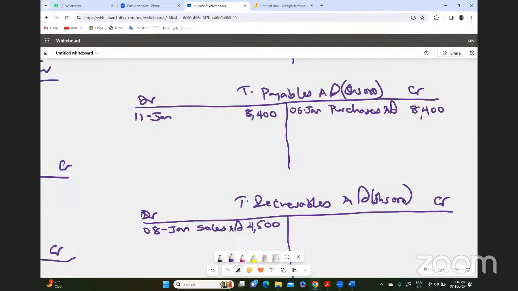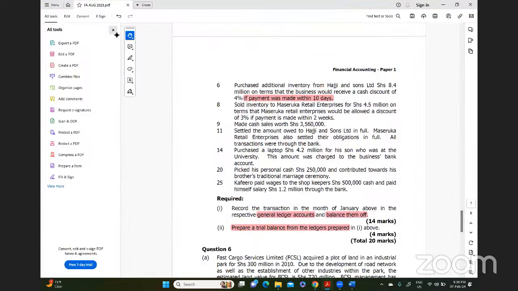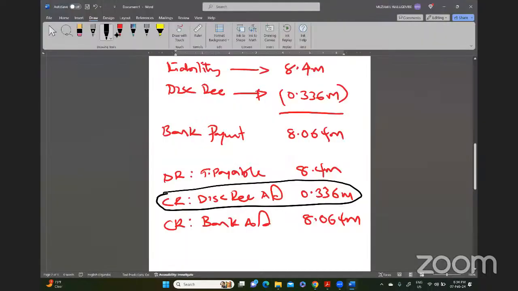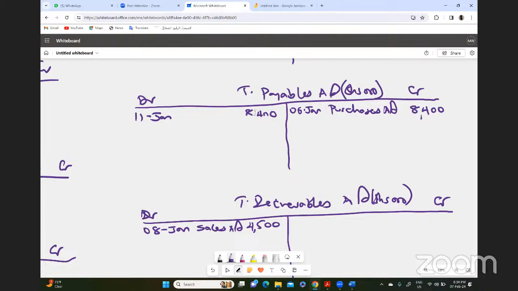Oh, we are using the words on the credit, not so? So the 8.4 is in relation to 2 credits. So as we are bringing it here, we don't bring the entire amount, but we bring the 2 credits.